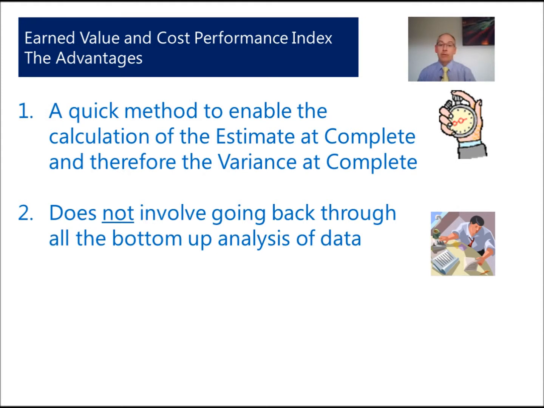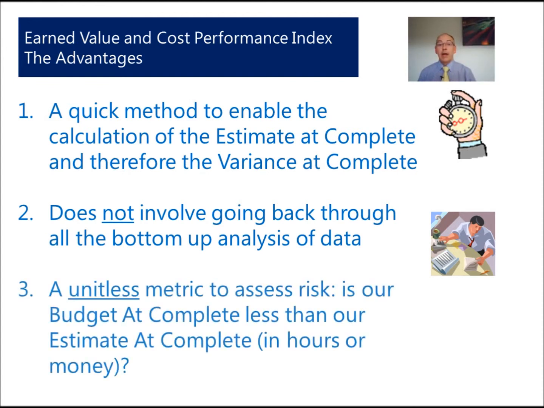Remember, it's an algorithm. So we are taking data that we should gather anyway and using this to calculate the EAC, the estimate at complete. And it's a unitless measure, so it doesn't have to be in money, it could be in hours. And it assesses the risk to our budget. Is our variance at complete greater or less than it should be?